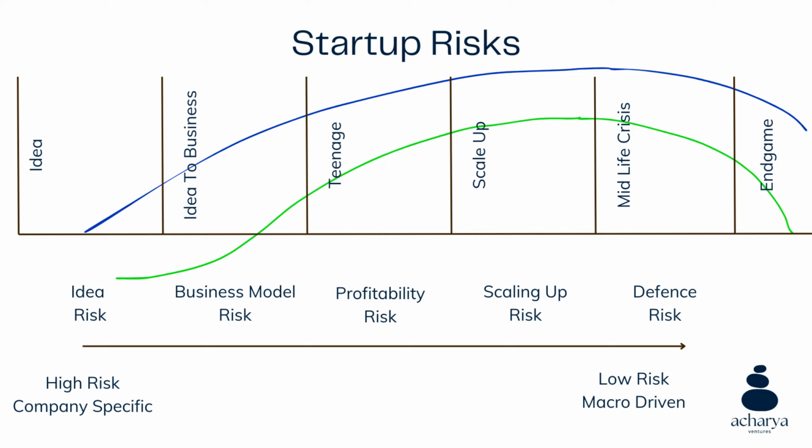As your company grows, then there is a profitability risk. You've invested a lot of money, whether your company will actually achieve profitability or not. Without taking any names, there are some companies that have gone IPO and post that they've had this profitability risk, which is again why a lot of investors today are scared of investing.